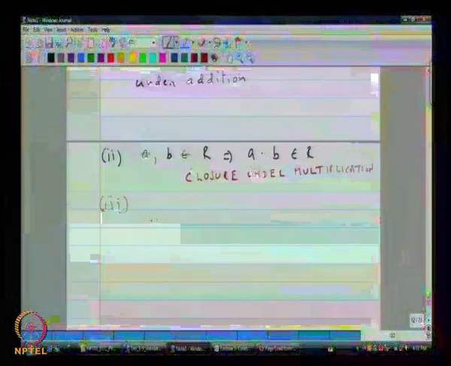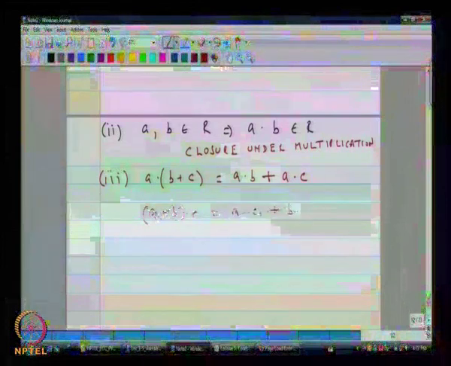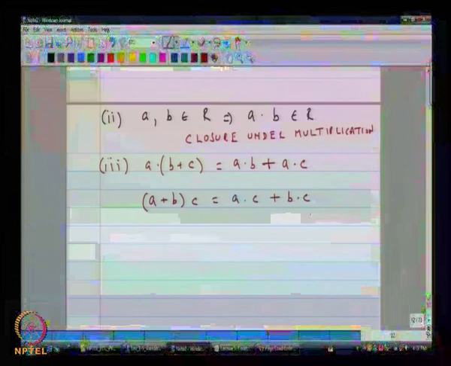Then after that you have the distributive laws: A times (B plus C) is equal to A times B plus A times C, and (A plus B) times C is A times C plus B times C. These are the distributive laws.